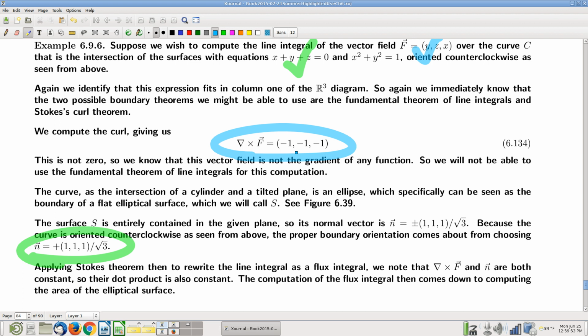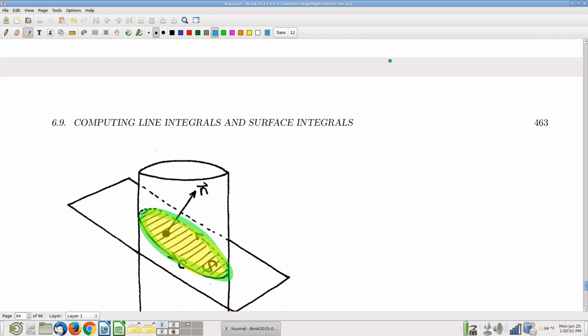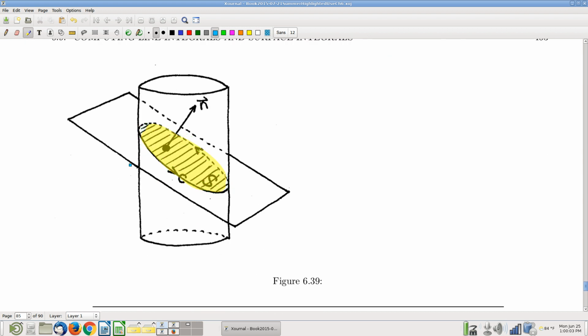Neither one's horrible. The curl dot n being a constant, really all it is is a scalar surface integral, and this surface is pretty easy to parameterize. Right? The equation of the plane is easy. X and Y are clearly going around in a circle.